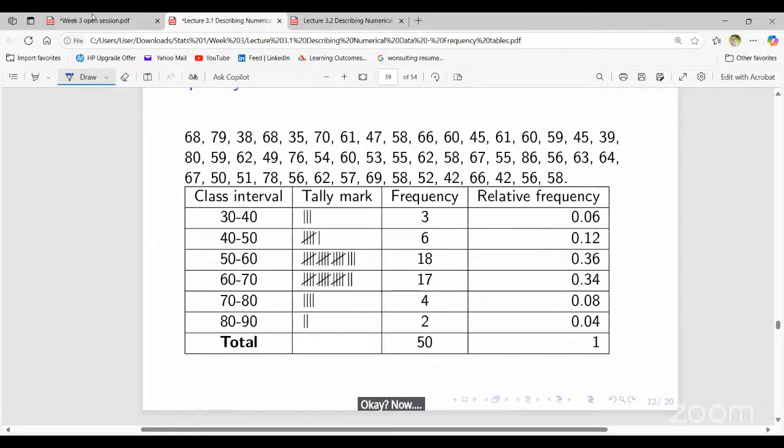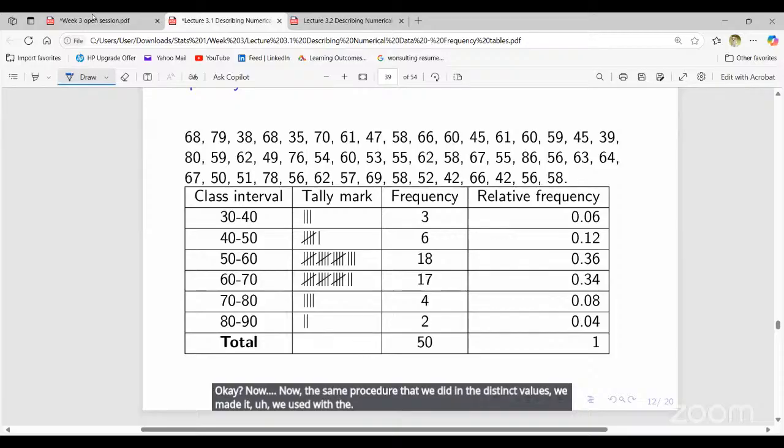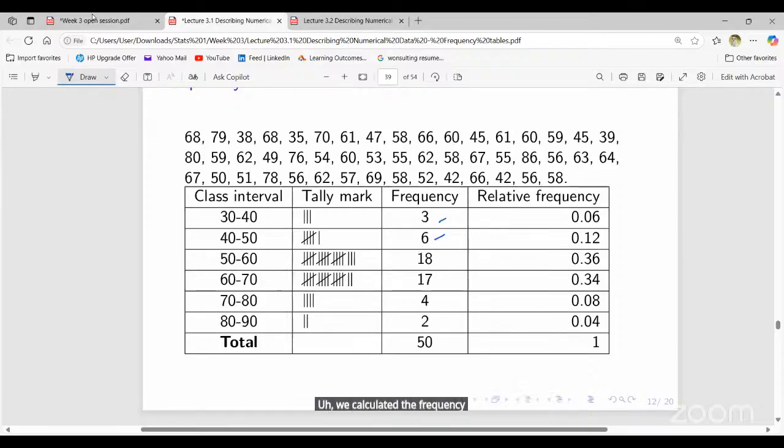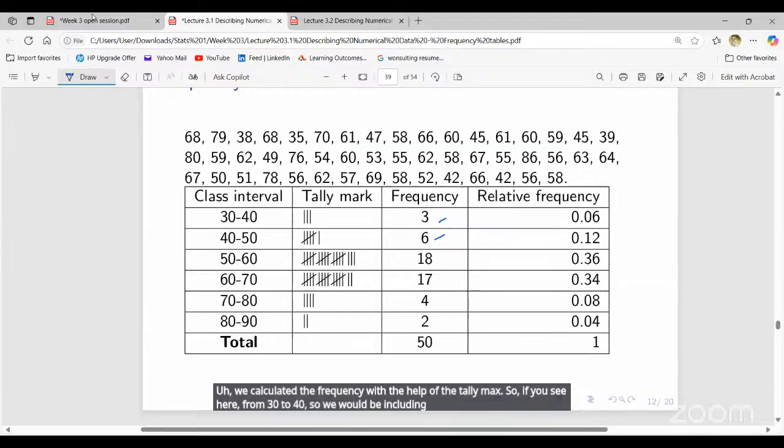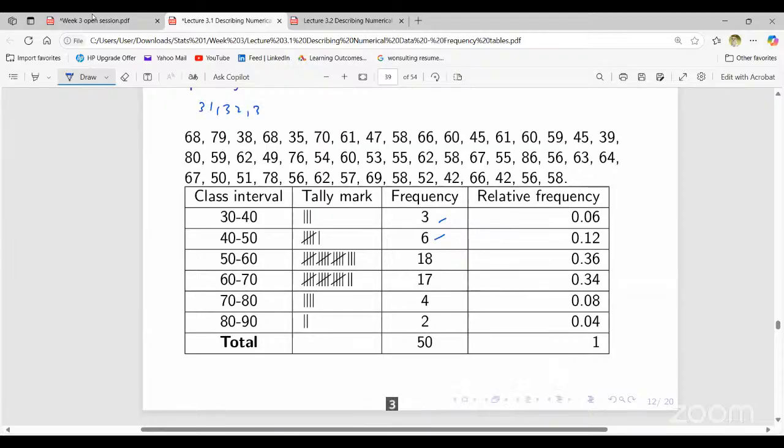Now the same procedure that we did in the distinct values, we calculated the frequency with the help of the tally marks. So if we see here from 30 to 40, what all numbers would we be including? 31, 32, 33 till 39. These all numbers will be included in 30 to 40. Correct? So there are in total 3 numbers.